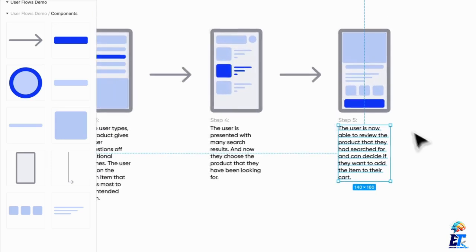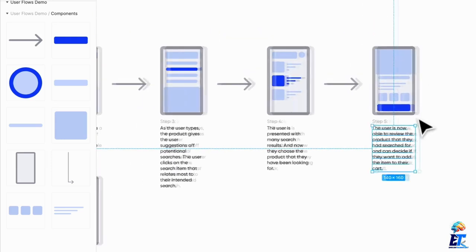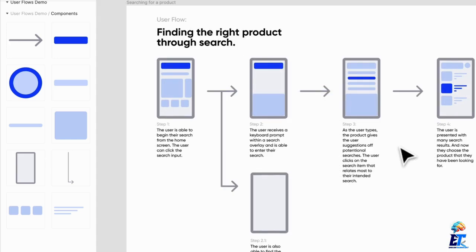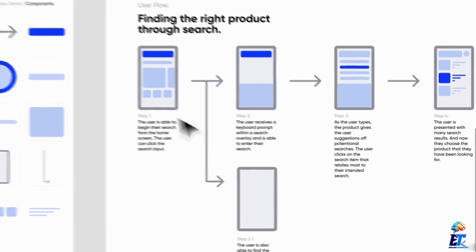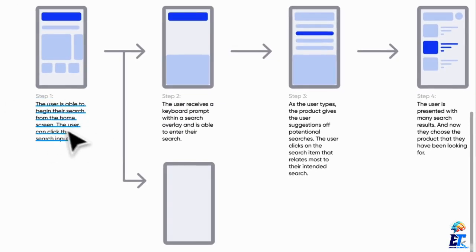So now I know that after this, there's going to be another flow, 100%, and we're going to tackle that soon. But this is our flow: finding the right product through search. Step 1, the user is able to begin their search from the home screen. There's our search bar. We do know that users can find a product elsewhere, so we'll probably create another flow for that. Step 2 is this user gets an overlay here with the keyboard and search.